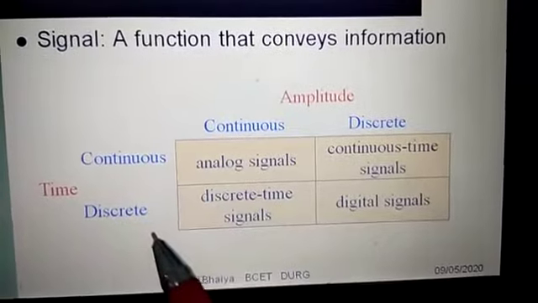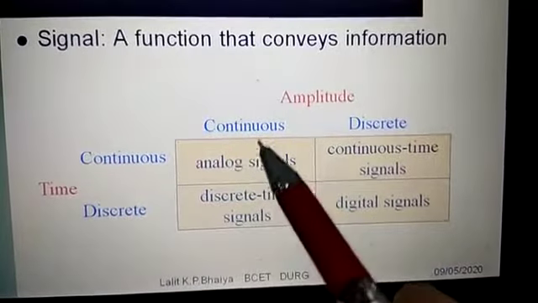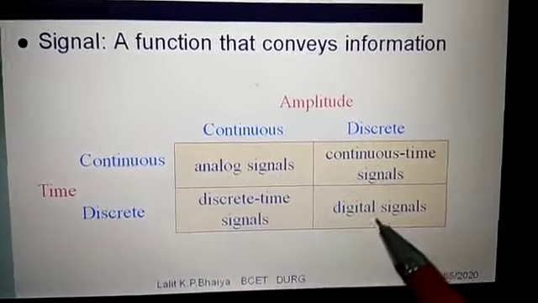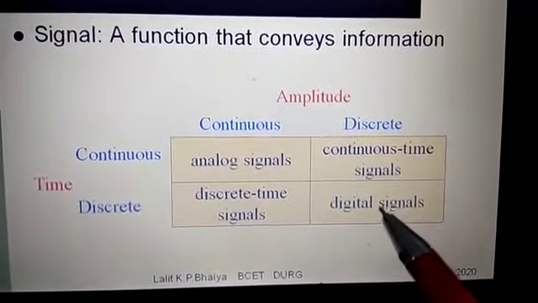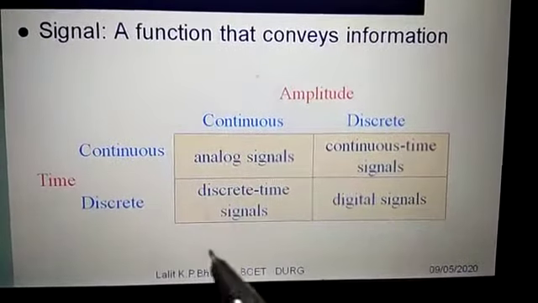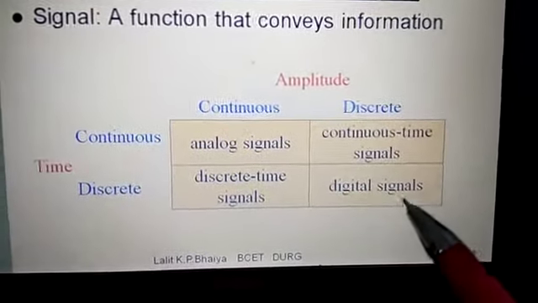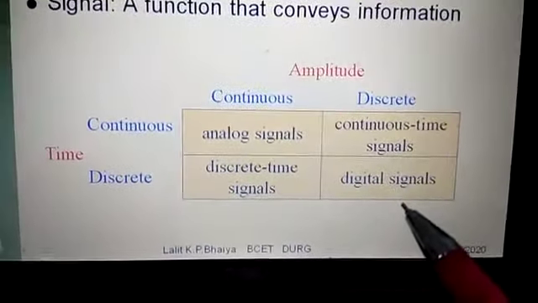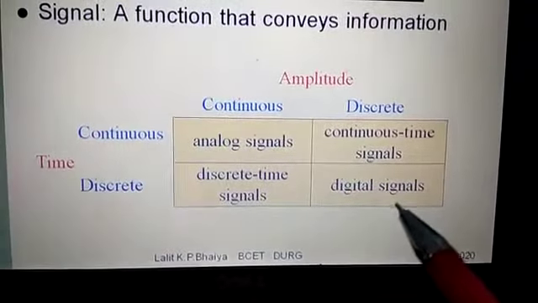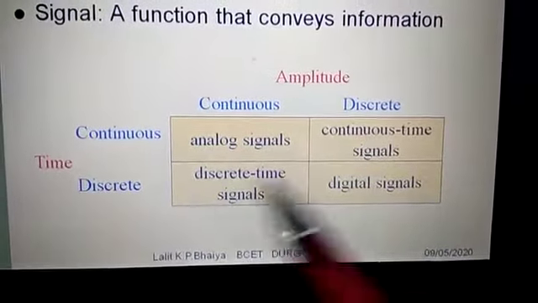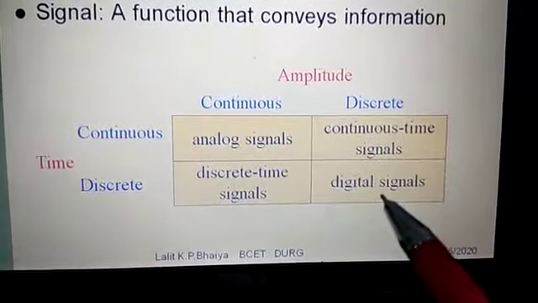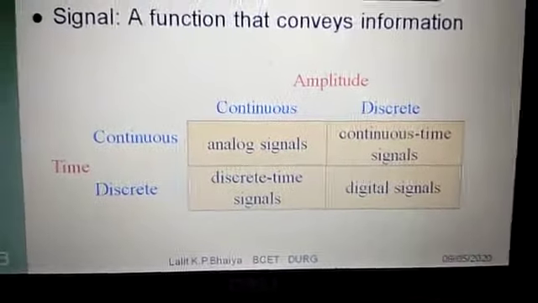Then discrete time continuous signals, and discrete time and discrete amplitude is called a digital signal. What is a digital signal? A digital signal is a discrete time and discrete amplitude signal. These are the digital signals.